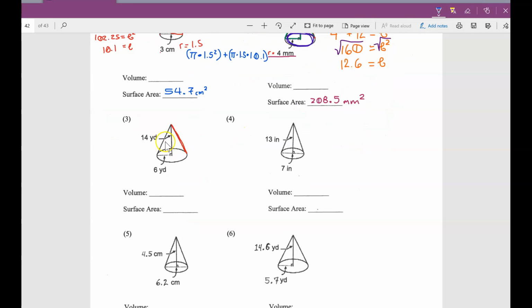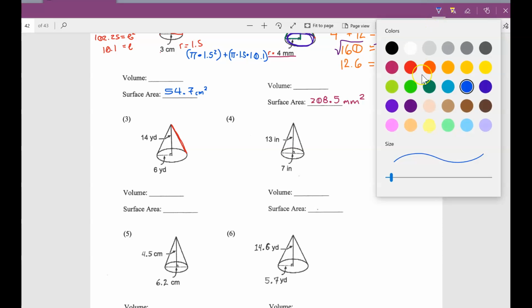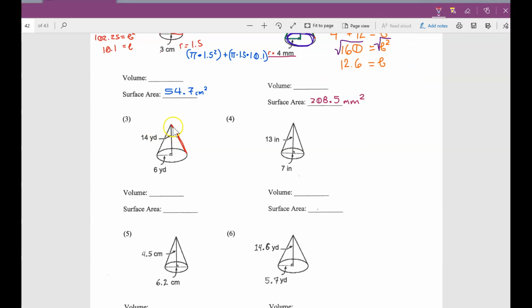Let's do one more example here on number 3. We'll go a little faster this time. We know that this is our slant distance, the diagonal. Actually I'm going to erase this and do this on the other side. We know this is our slant right here. And we know that our right triangle is formed by the radius and the height.